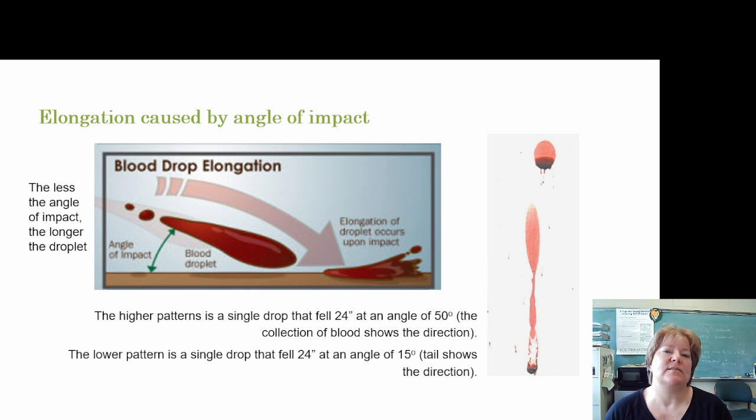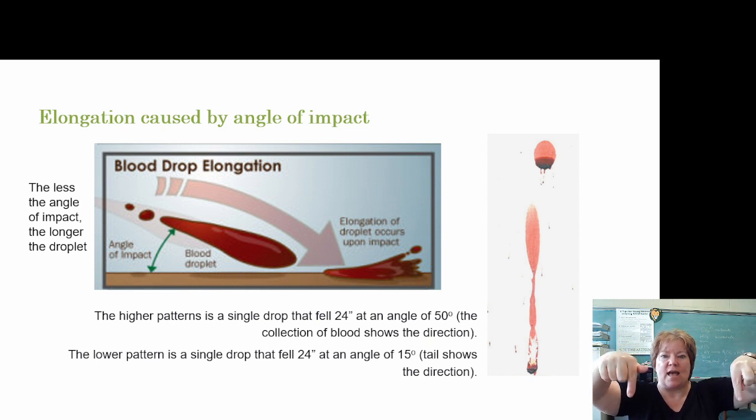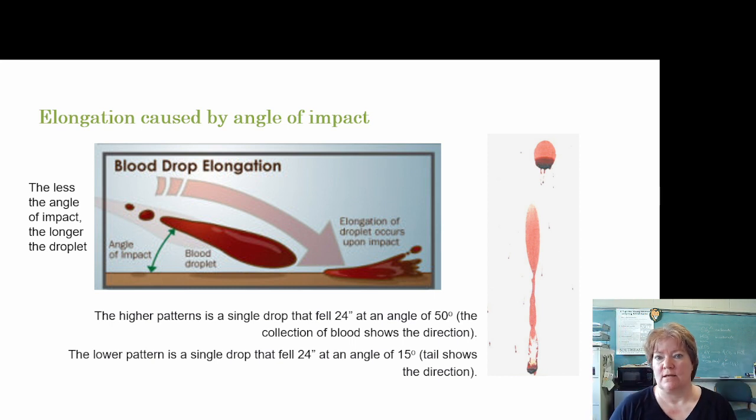So this will give me a sense of height. If I know that it started here and it ended here, and I know the angle, I can use that angle to construct what height it was at. So the angle of impact is going to tell us now the 3-dimensionality of it, and tell us the height that the origin site was.